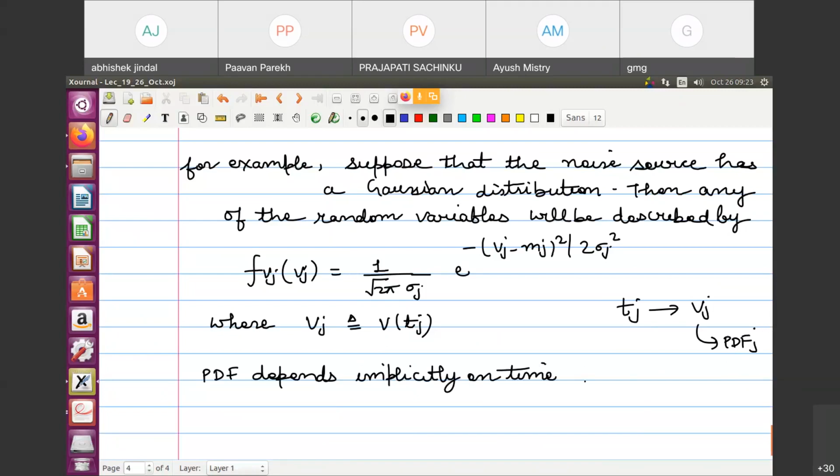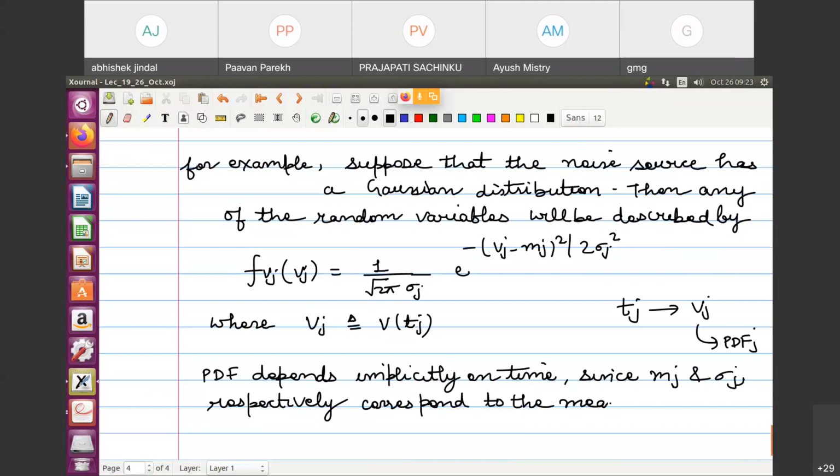Okay. Since in the current example m of j and sigma j respectively correspond to the mean value and standard deviation, this is important to understand.